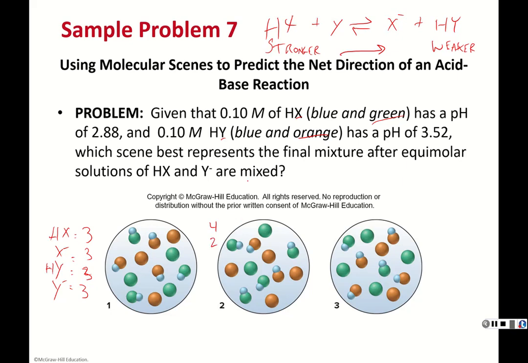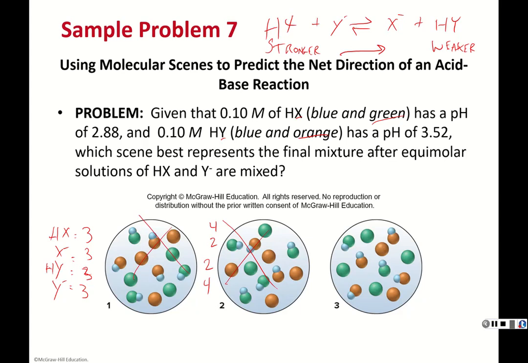HY would be 1, 2. And Y minus is 1, 2, 3, 4. So in this case, you're favoring Y minus and HX. So that would be the reactant side. So this is not the case either.